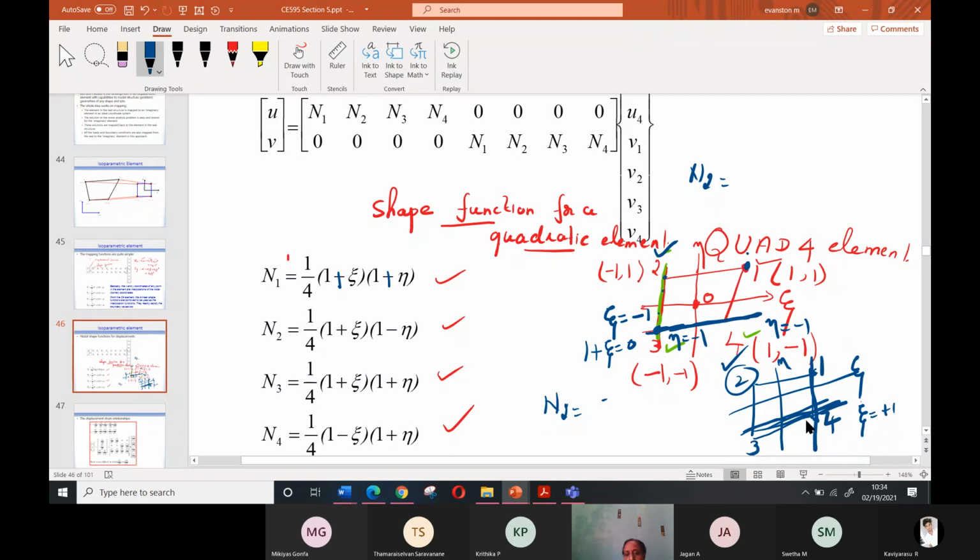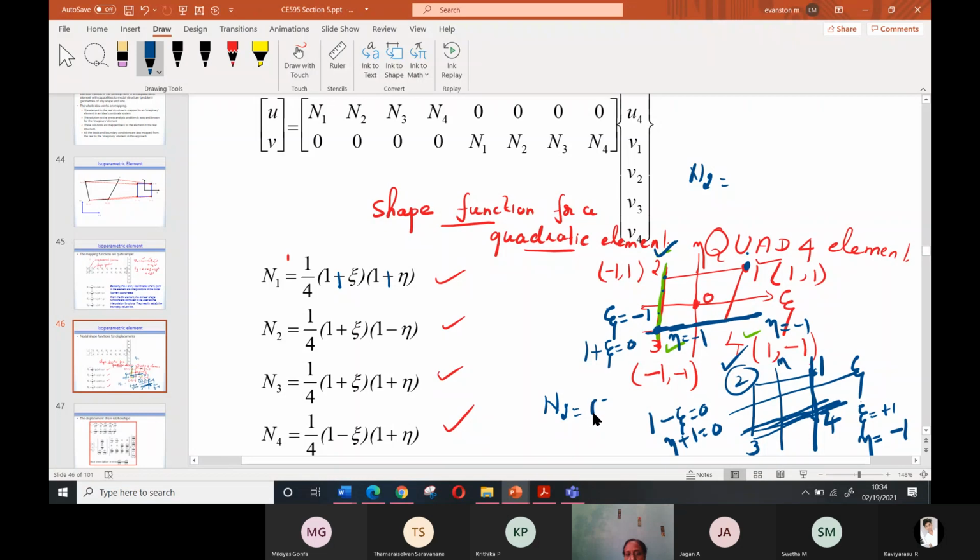What is the equation of line 3, 4? Eta is equal to? Eta is equal to minus 1. Am I correct? Yes, ma'am, eta is equal to minus 1. So I can write 1 minus xi is equal to 0, and the equation eta plus 1 is equal to 0.